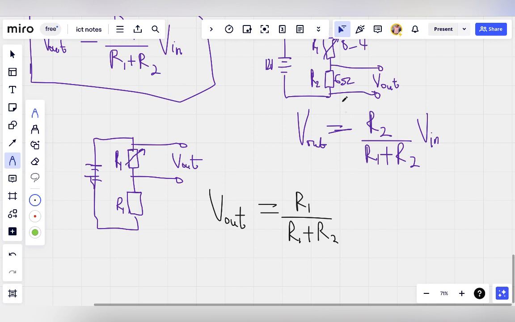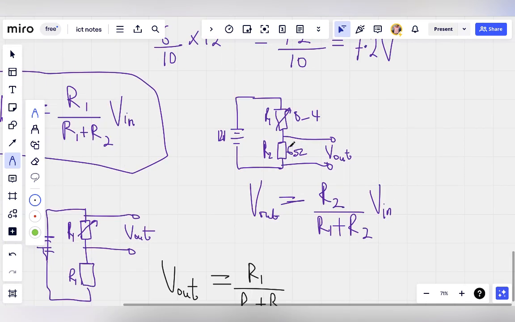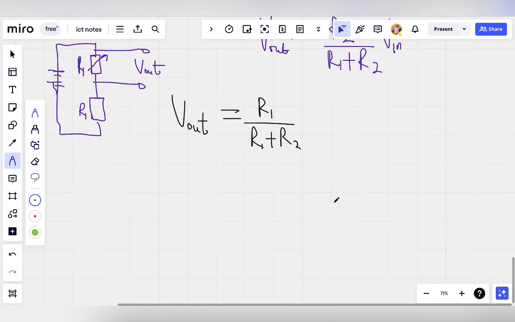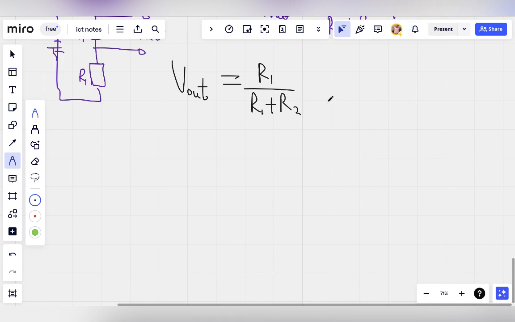If you're looking for output voltage, like in this second case, this is the one that led us to 7.2 volts. If you're looking for it across this resistor R2, let's do this one first, because we already solved the first one, times the voltage in. So our output voltage will be R1, the maximum value.